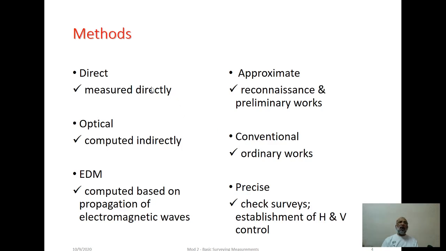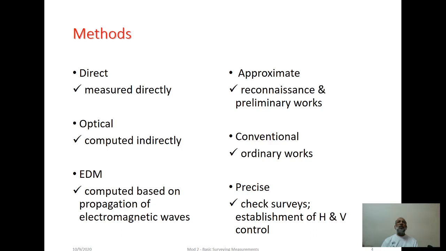We can make use of direct methods, optical methods, EDM methods, approximate methods, conventional methods, as well as precise methods for measuring the basic measurements in surveying. Here, the direct methods are employed directly.